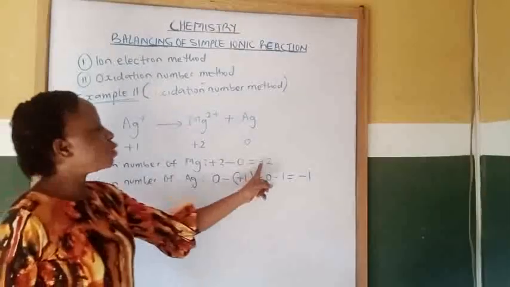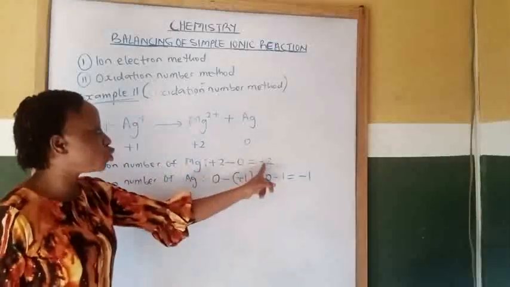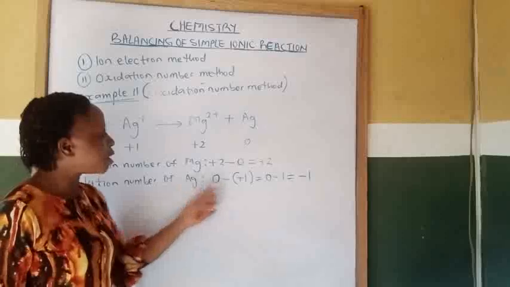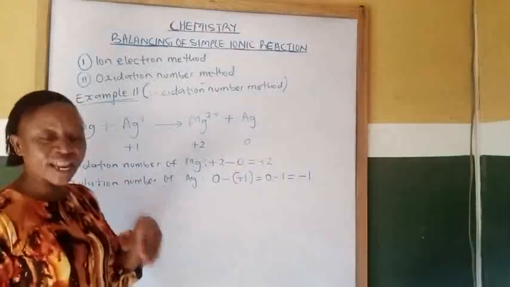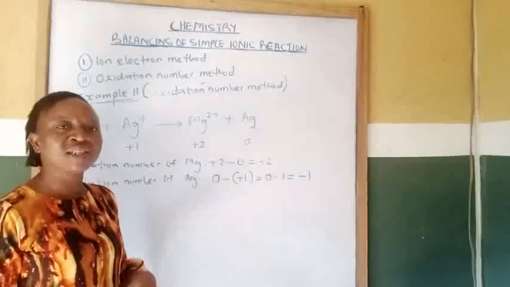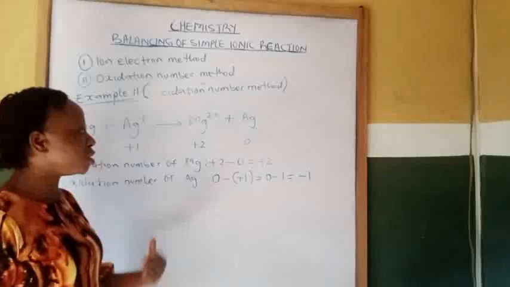Now, at this side we have plus 2. At this side we have minus 1. That is magnesium equal to plus 2. Then the silver equal to minus 1. So the next stage now is to equalize the number of electron loss and the number of electron gain.